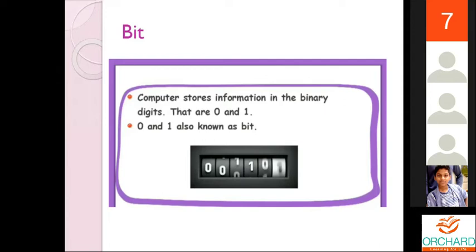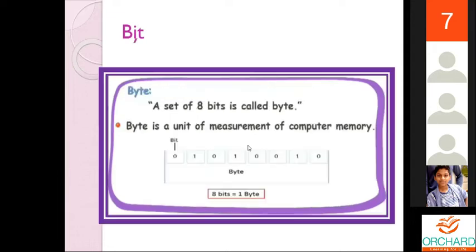It is the smallest unit of memory. It has only zeros and 1. And about byte, 1 byte can store only one character. For example, it can store A alone. It can store B alone. 1 byte consists of 8 bits. So it can store only one single character of text.